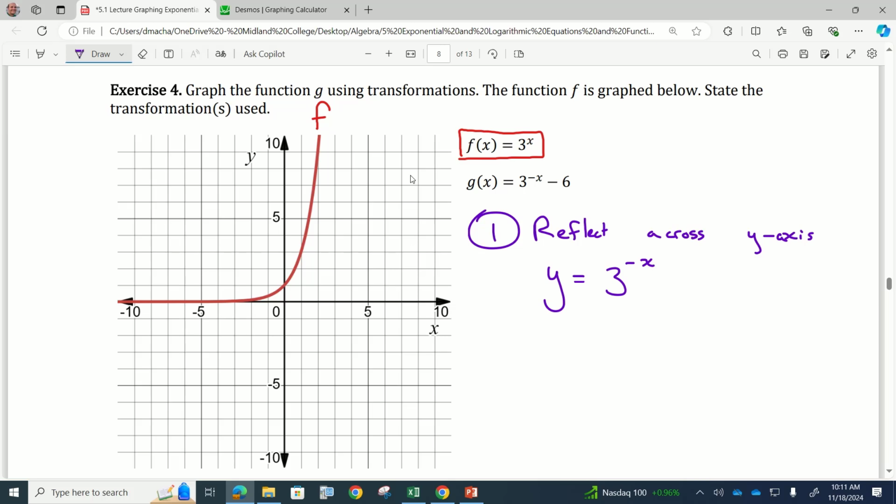This time, if you've got a minus sign in the argument, that reflects across the y-axis. If you've got a minus sign out in front of the function, that's going to reflect across the x-axis. So there's a difference between 3 to the negative x and negative 3 to the x. In this case, we're going to take every point along this red curve and make a little mirror image dot on the other side of the y-axis.